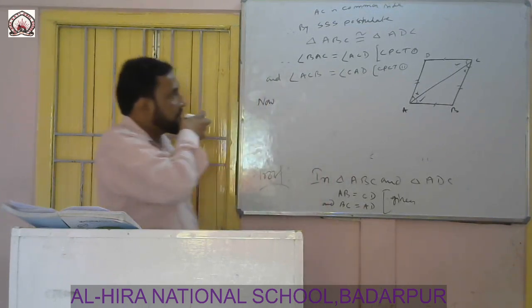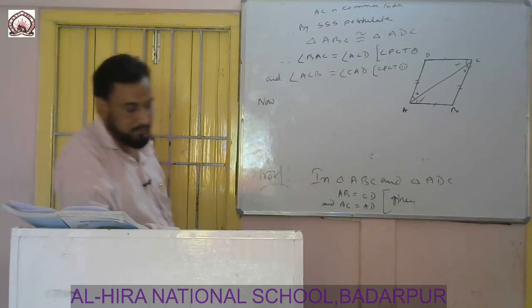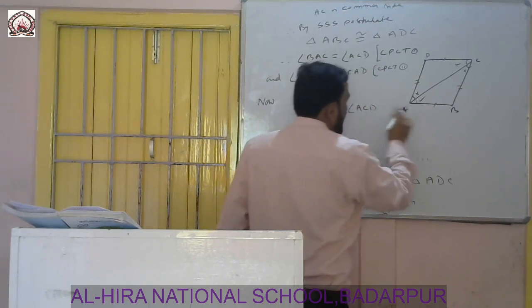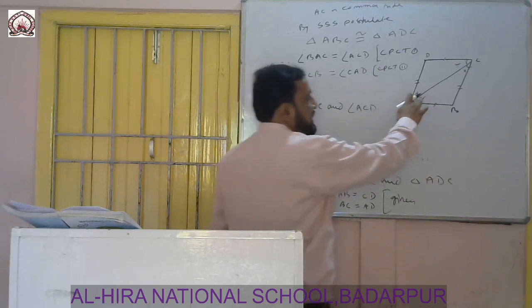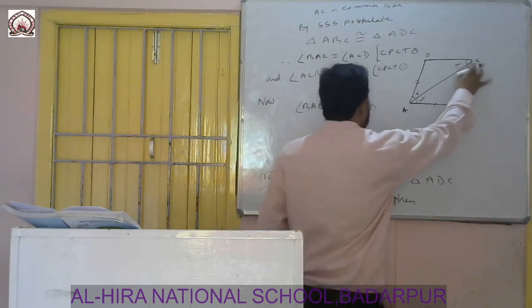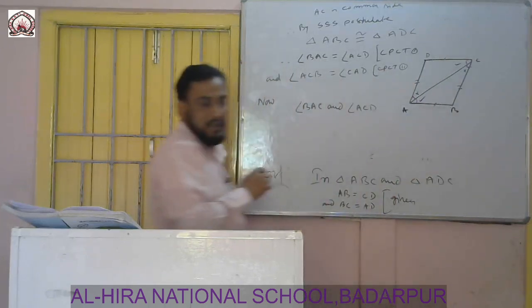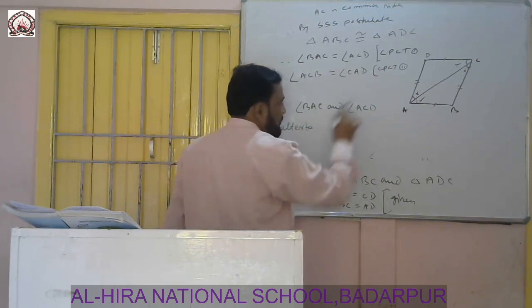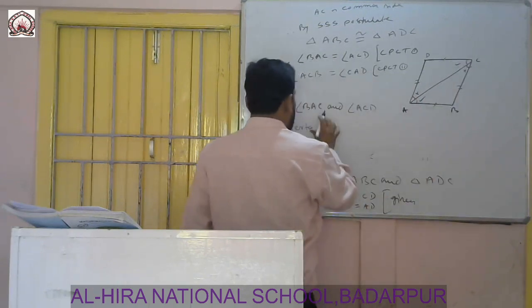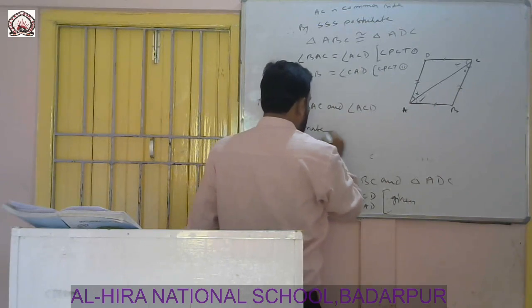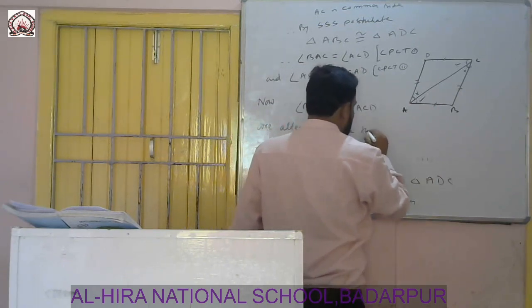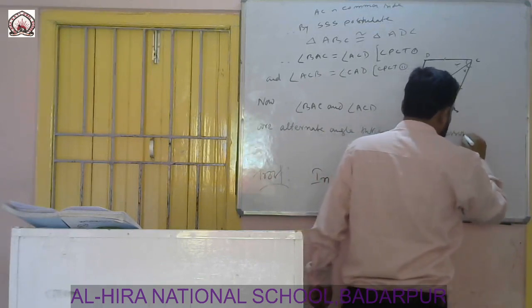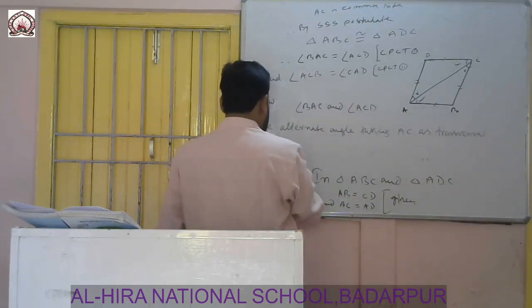See how? Angle BAC and angle ACD, you see the angle marked with a tick mark, are alternate angles, taking AC as transversal, and they are equal.